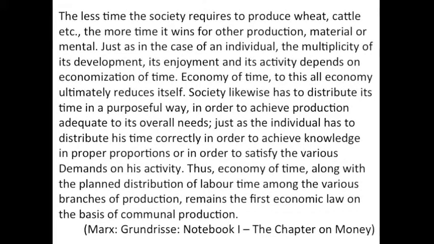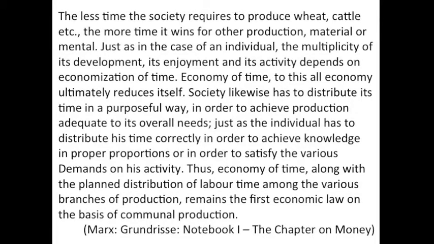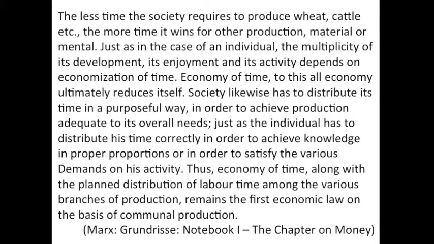This is the core of the determination of value. This is what we invest.